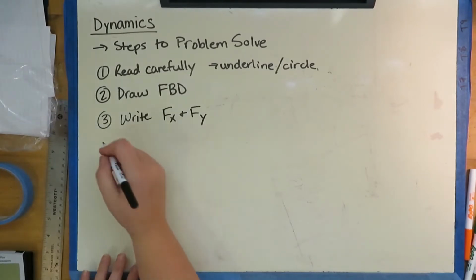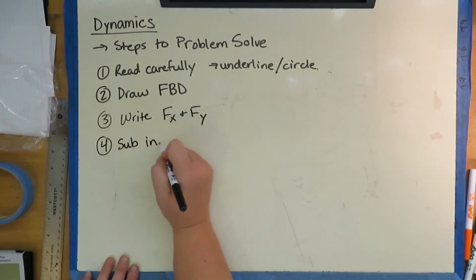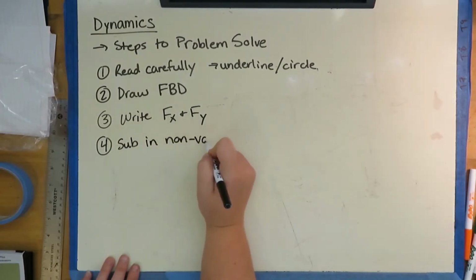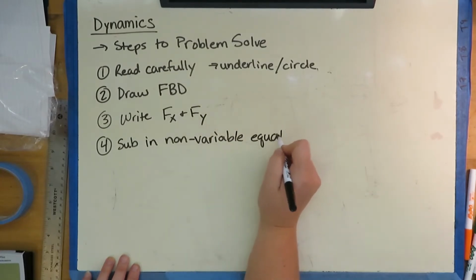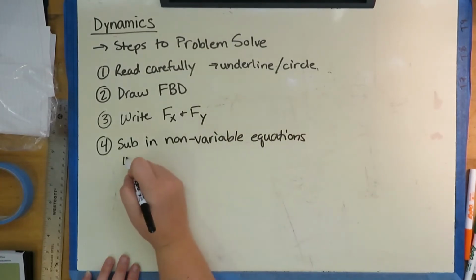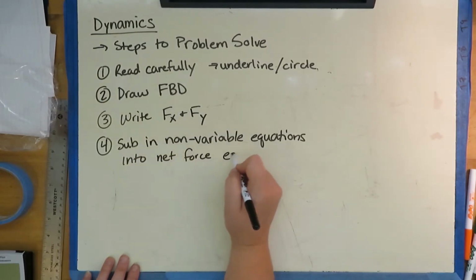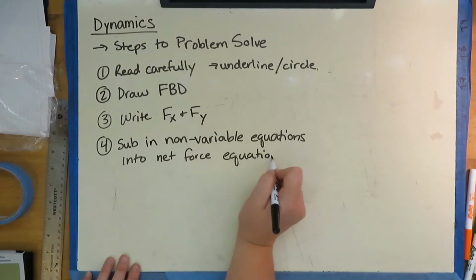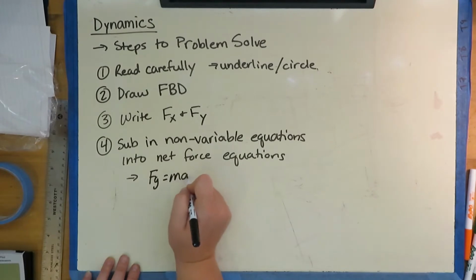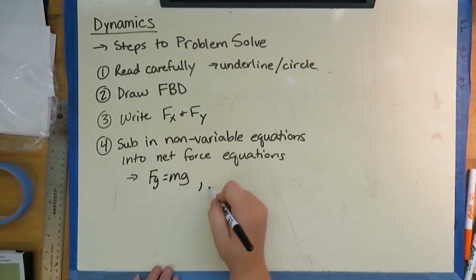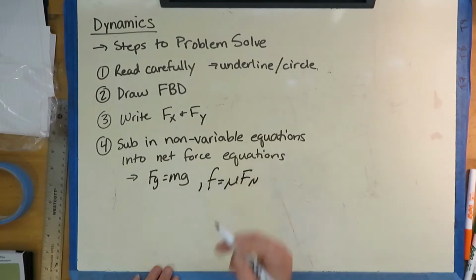Do both. And then you're going to need to sub in equations, non-variable equations, if possible, into your net force equations. So that would be doing things like subbing in Fg is equal to mg, or our friction force is equal to mu Fn, things like that.